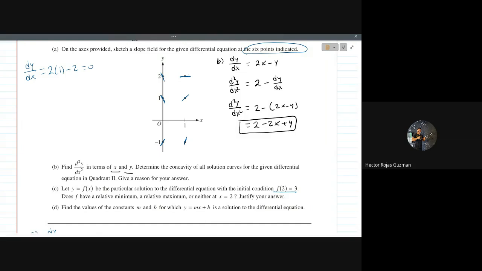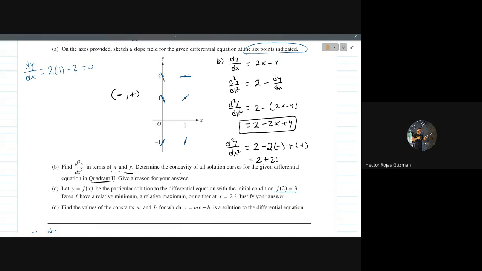Okay. So determine the concavity of all the solutions in quadrant 2. In quadrant 2, the x's are negative and the y's are positive. So no matter what point you plug in, the second derivative will be 2 minus 2 times a negative number plus a positive number, which gives us 2 plus 2 times whatever the number is, right?